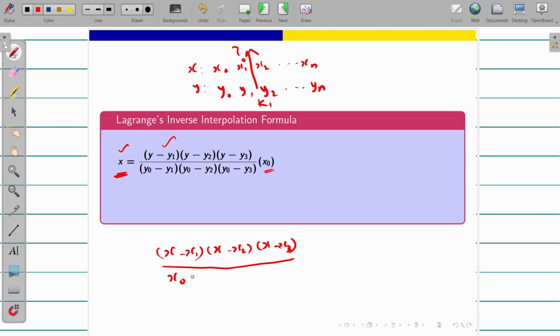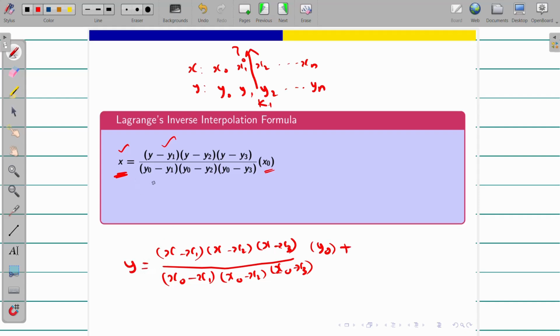We will replace it by x naught. x naught minus x1 into x naught minus x2, x naught minus x3 into y naught. This is the first term we have written in the previous formula, Lagrange's formula for y.